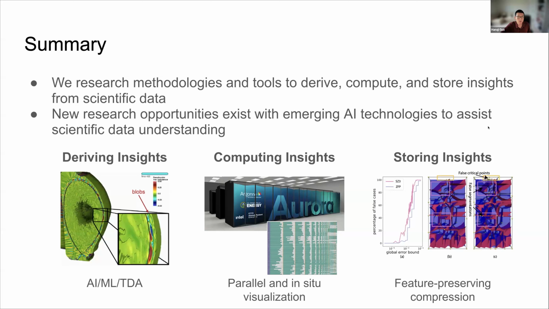So in summary, we research methodologies and tools to derive, compute, and store features from scientific data. And there are a lot of new research opportunities, especially with some emerging AI technologies. I haven't talked about AI today, but we do have a lot of cross-cutting research on AI plus visualization, using these AI technologies in conjunction with data management tools.